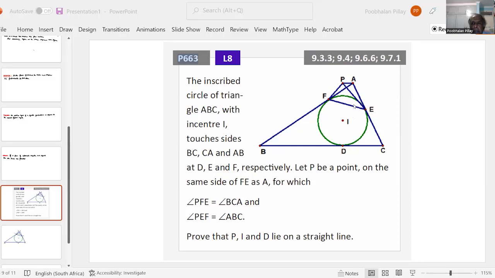And then they say, let P be a point. You've got a point which is outside the triangle, there like that. And it is given that P and A are on the same side of BC, as you can see. A is on that side, P is also on that side. But angle PFE equals BCA.